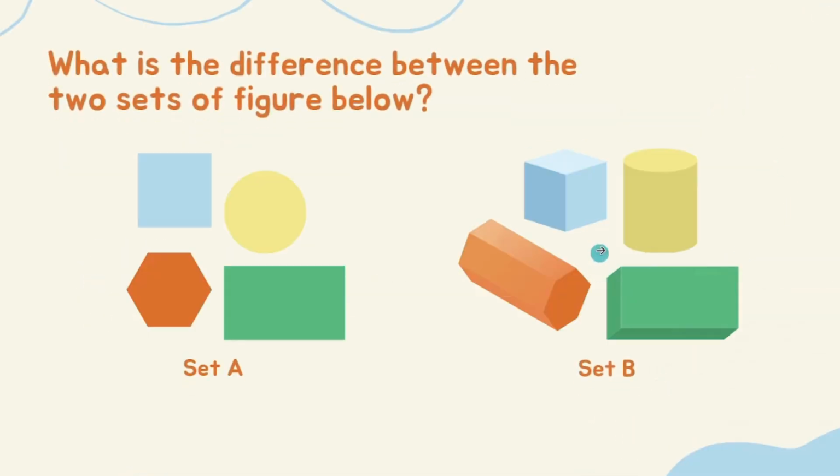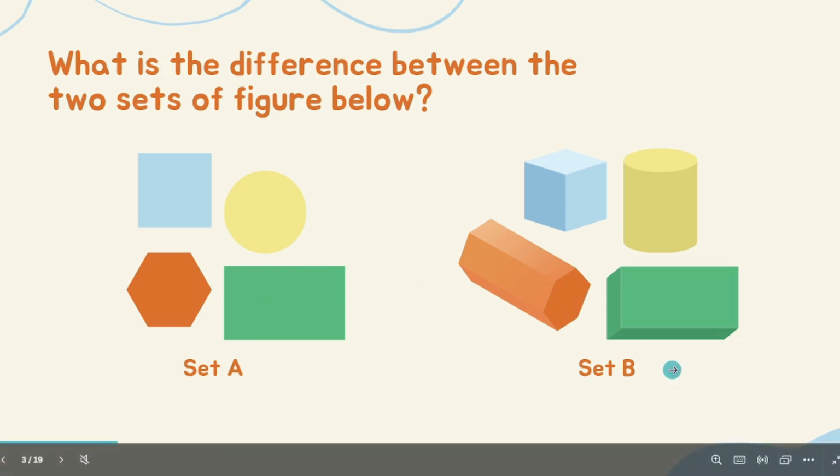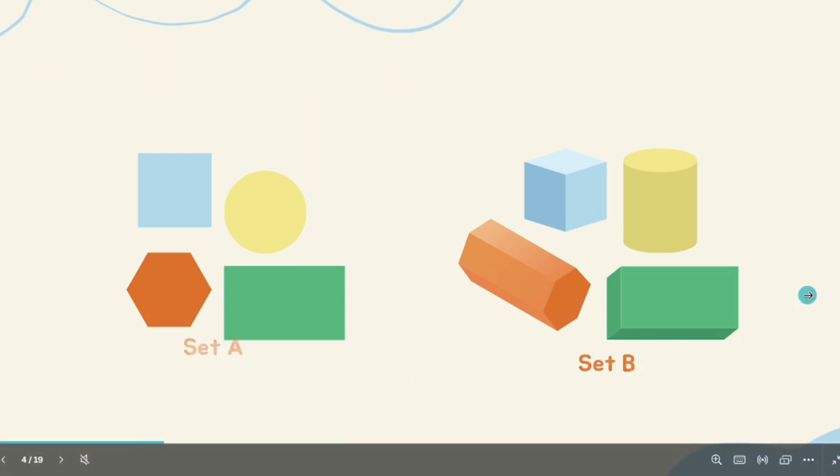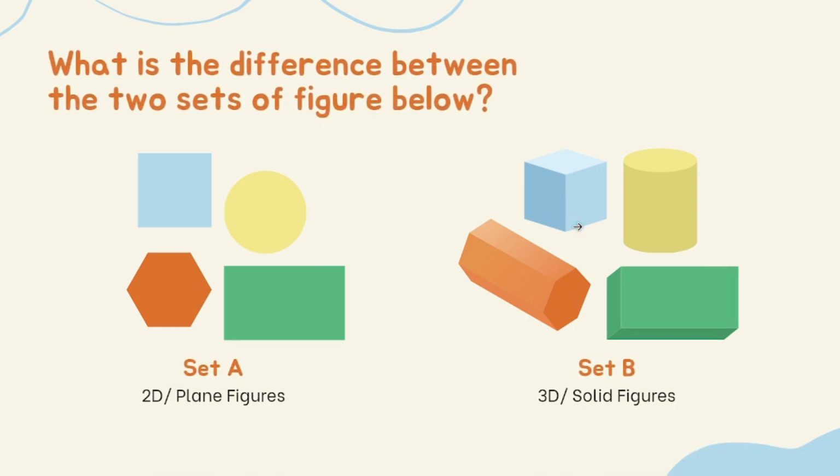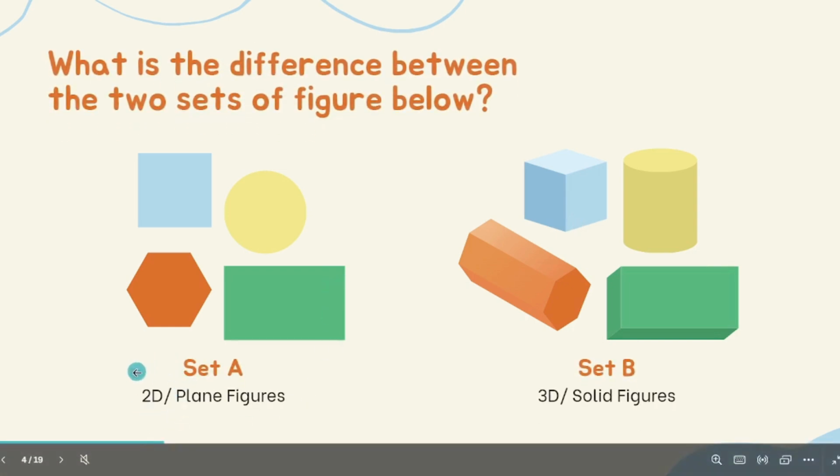So take a look at the figures here. As you can see, there are two sets of figures, set A and set B. Could you point out these two sets? Yes, you are right. Set A consists of the 2D plane figures, and set B consists of the 3D solid figures.